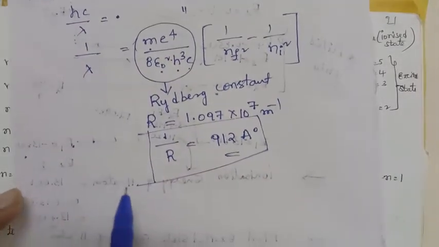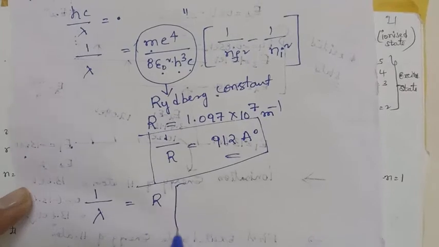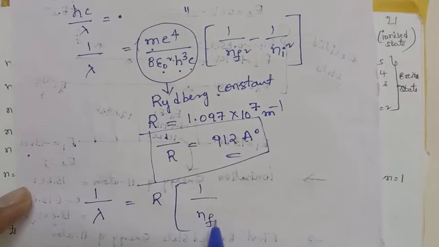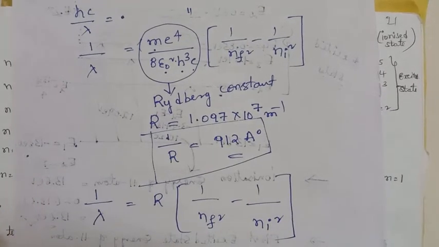So this is called 1 by lambda is equal to R into 1 by nf square minus 1 by ni square. By using this, we can form the line spectrum of the hydrogen atom.